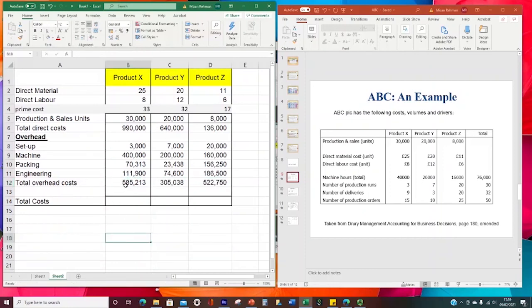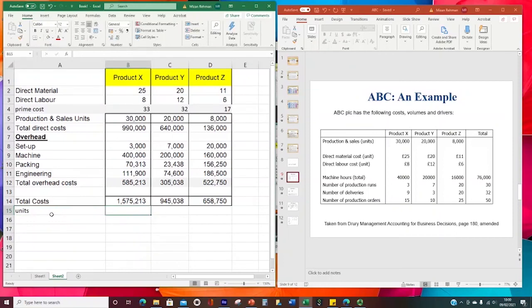Got our answers. Let's give it a grade 2. Okay, so the total cost can be calculated by adding up our overheads with our total direct costs. Same formula. We get the total cost for each product. We can calculate the cost per product as well by simply dividing it by the units, which you already got.